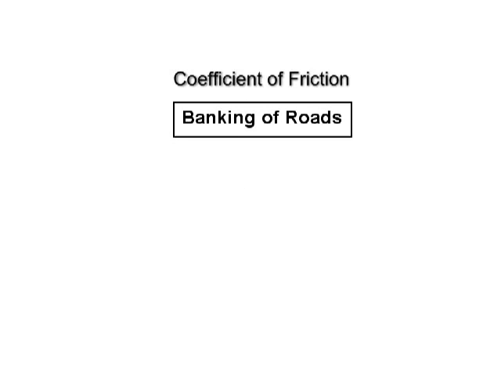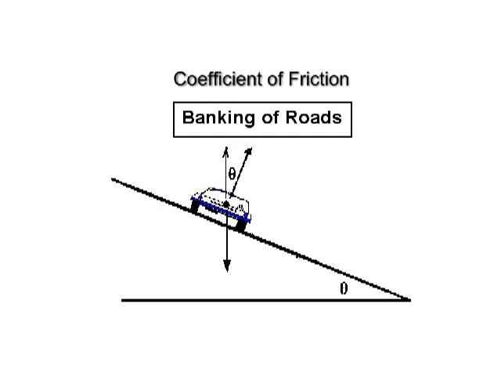In banking of roads, the road surface is tilted, or the road surface on a curve is made such that the outer edge of the road is slightly elevated with respect to the inner edge, so that the road bed makes some angle with the horizontal.